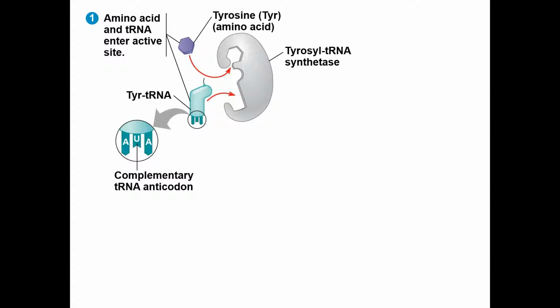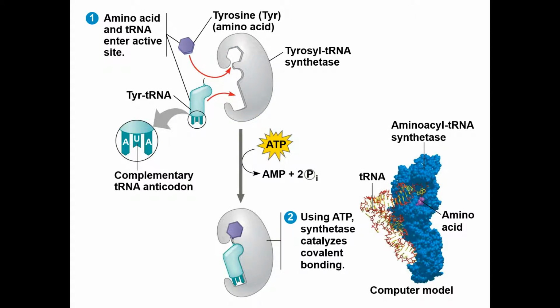So it's specific to this tRNA molecule. You have the amino acid tyrosine that binds to its active site. This enzyme will bring together the tyrosine and the tRNA molecule so that they can be covalently linked to one another. This requires the use of ATP to catalyze this covalent bond that links your amino acid to your tRNA molecule.